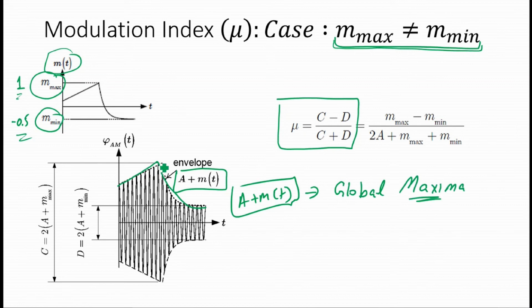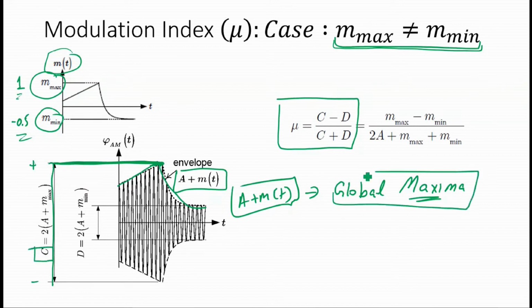So the global maximum of this envelope is this point over here, and we multiply that by 2 to cover the whole range from positive to negative, and we term it as C, right? So we have a global maxima. So this is simply A plus M max. This was the maximum value, and we are giving a DC offset A. So this gives us the global maxima, and we are multiplying by 2 to cover both positive and negative values.